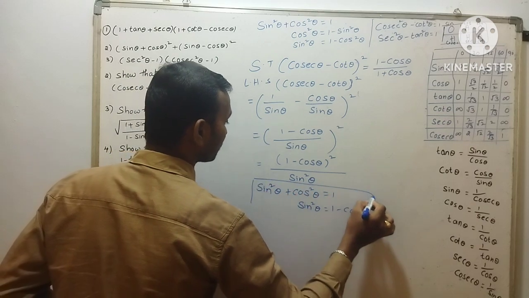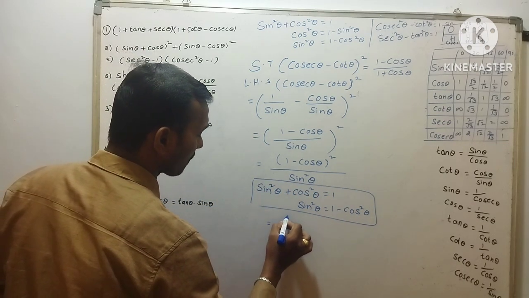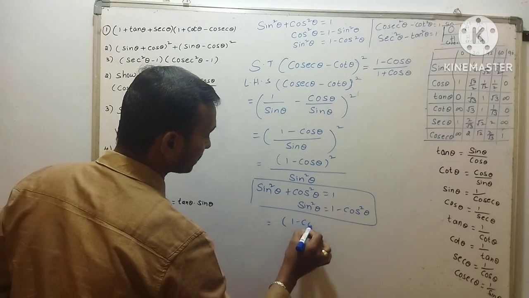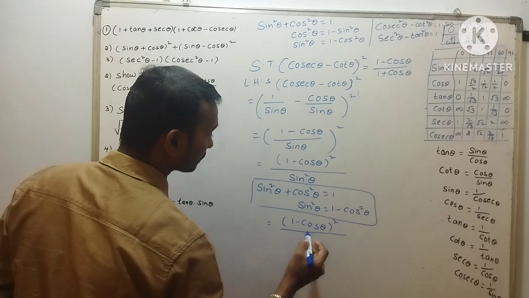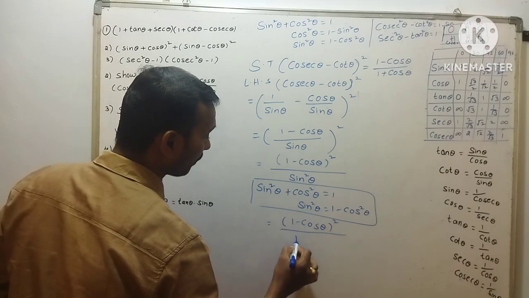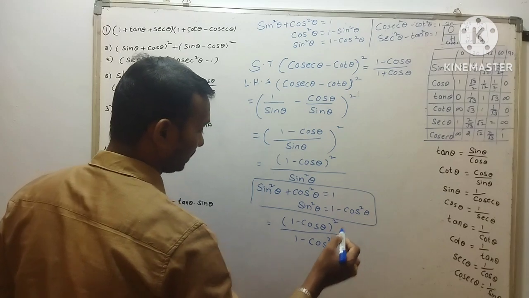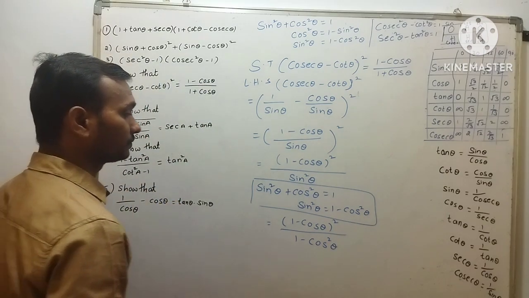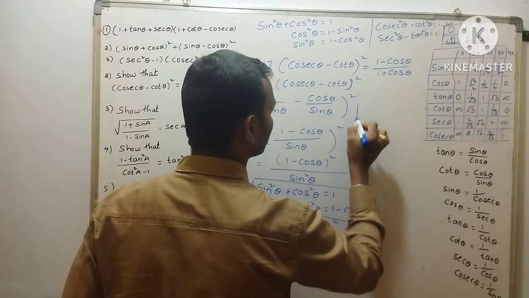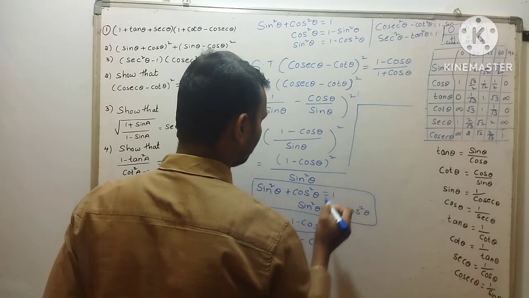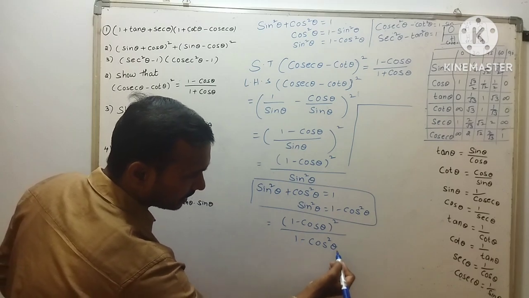So replace sin square theta with 1 minus cos square theta. So that is 1 minus cos theta whole square by 1 minus cos square theta. So now you see here, what we are left with: 1 minus cos theta whole square, and 1 minus cos square theta.